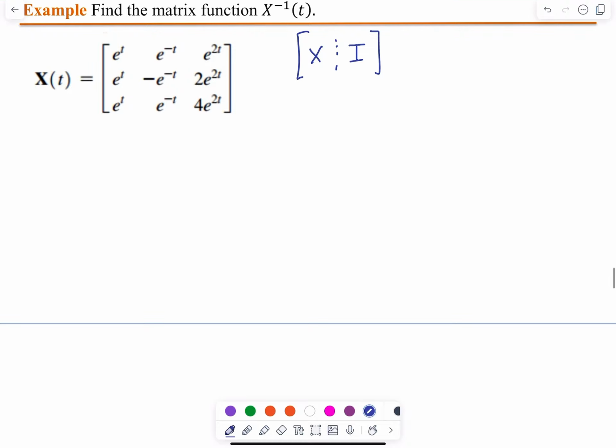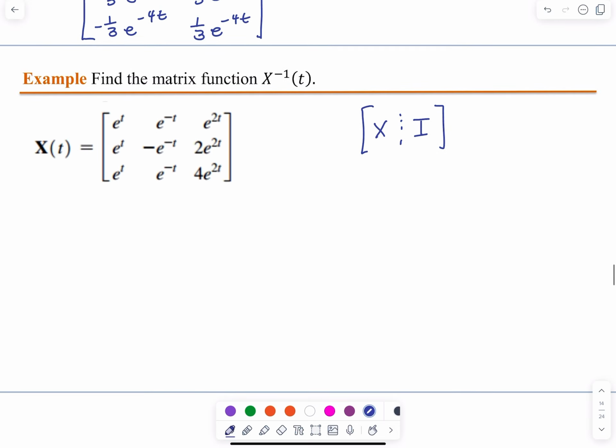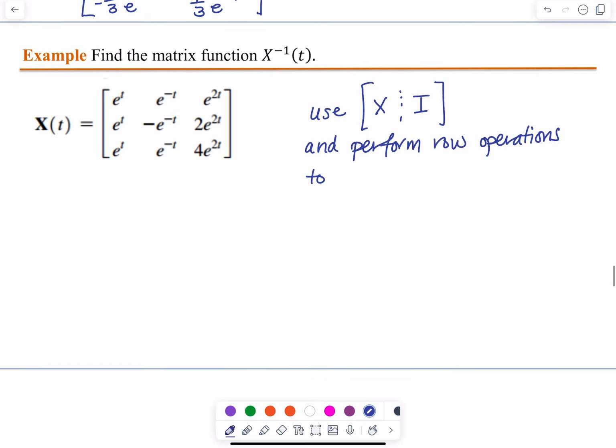So let's go ahead and create that matrix.